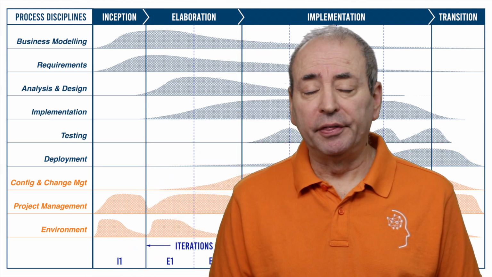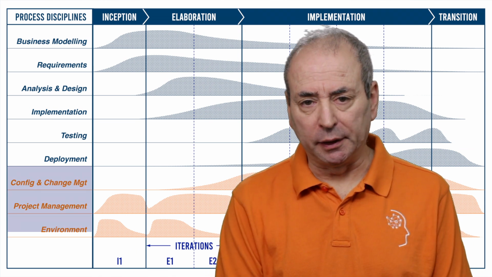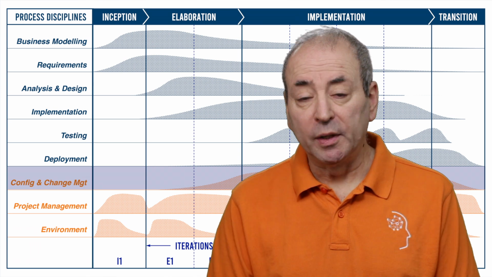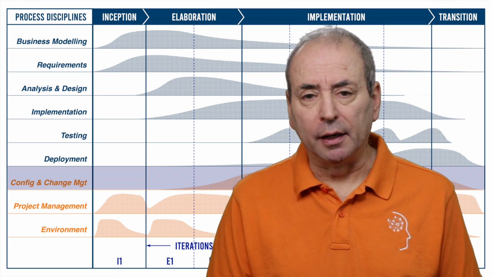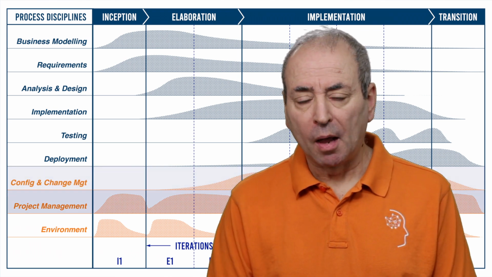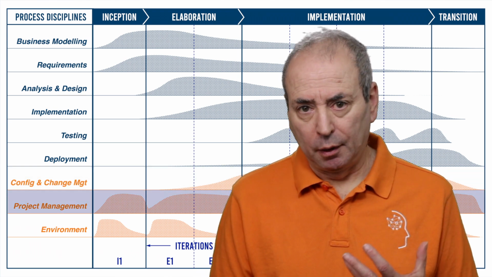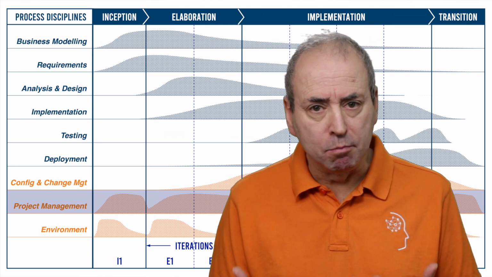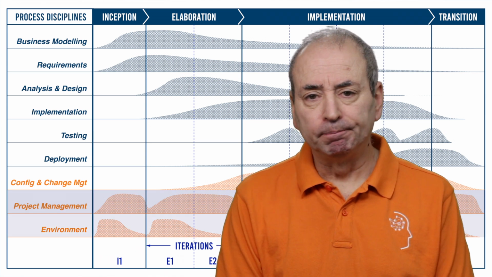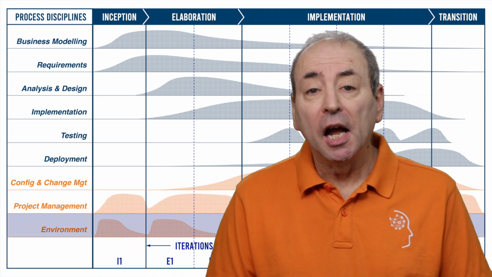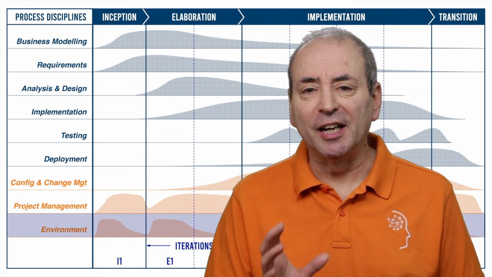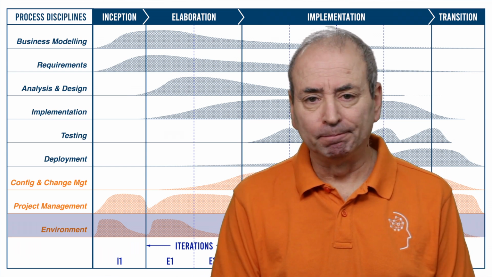In addition, there are 3 supporting disciplines. Configuration and change management, which is about controlling and tracking scope, functionality, and technical change. Project management, the planning, implementation, and monitoring and controlling of the overall RUP process. And environment, customizing the Rational Unified Process to the specific context in which you're applying it.